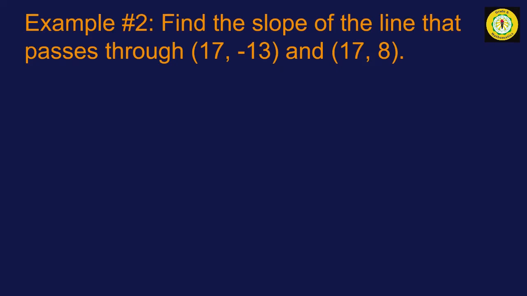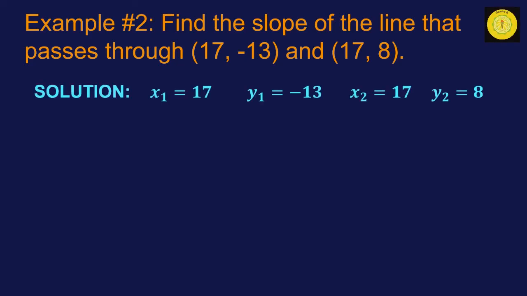Example number 2. Find the slope of the line that passes through point (17, -13) and (17, 8). Solution: x sub 1 equals 17, y sub 1 equals -13, x sub 2 equals 17, y sub 2 equals 8. The slope equals y sub 2 minus y sub 1 over x sub 2 minus x sub 1.